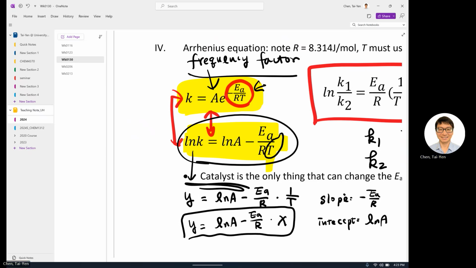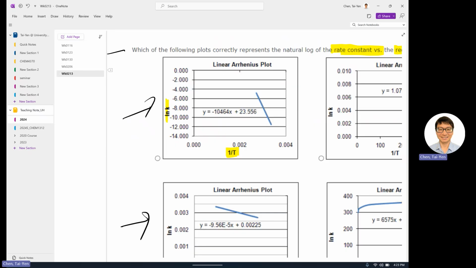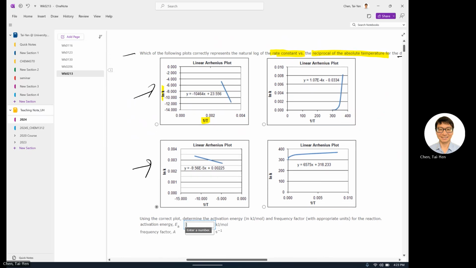Okay, let's get back to this. This question is to plot out your natural log k versus 1 over T, right?